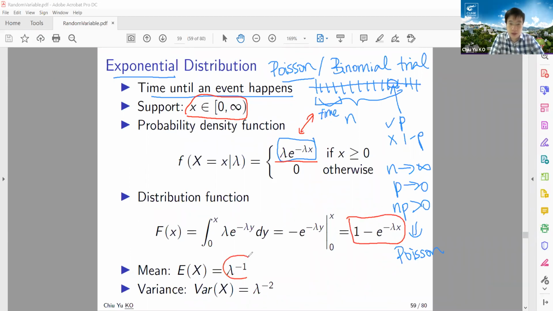And this is the mean, and this is the variance. Just make sure that the typo is fixed, there's no 2 here. No, this is wrong. We don't have the 2 here. Okay, so that is the thing. Is that okay? Any question?